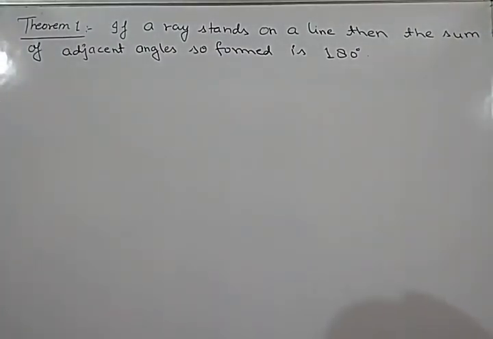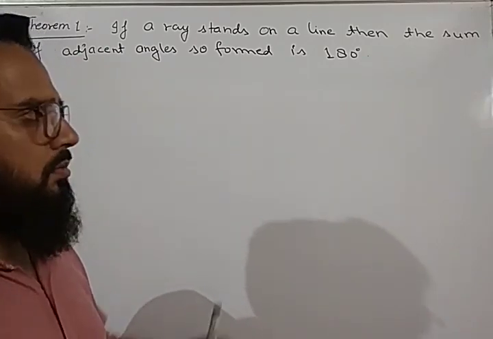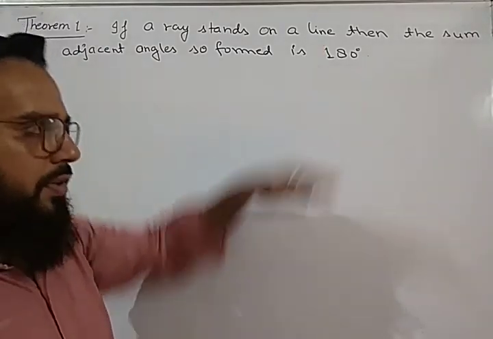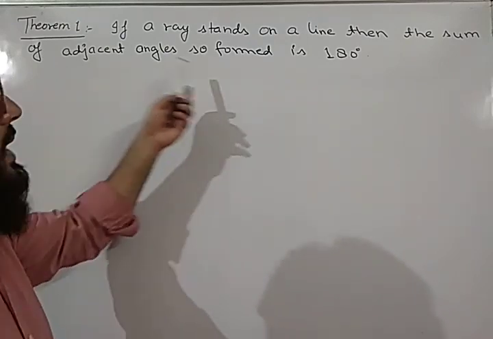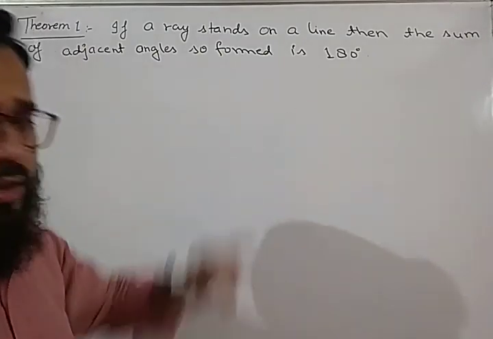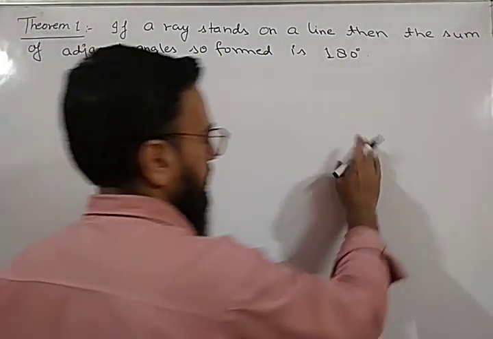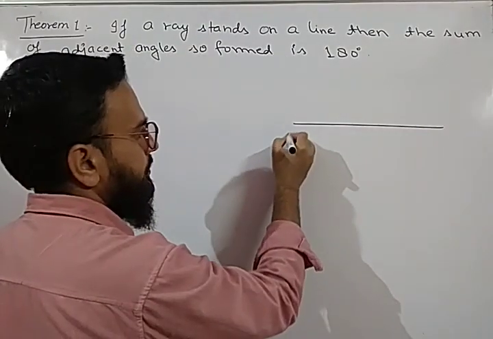Okay, so I think this theorem you have already studied in your class 8 also, but let us revise it and prove it. If a ray stands on a line, then the sum of adjacent angles so formed is 180 degree. So first we have to draw the figure. So let us consider a line segment AB.